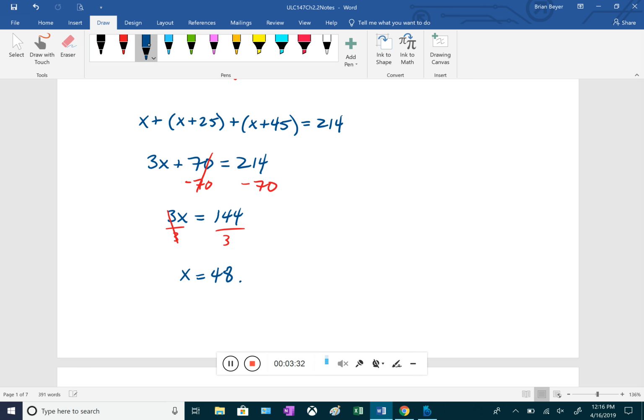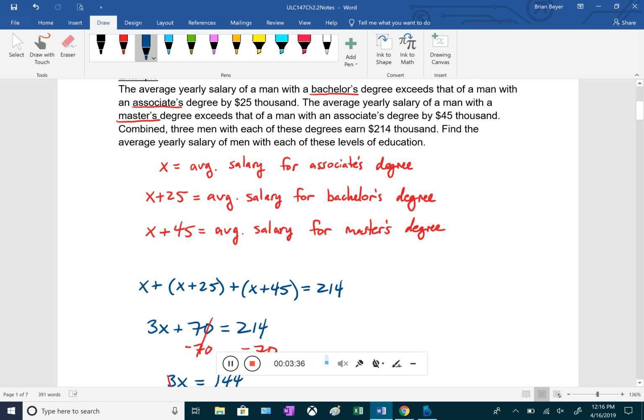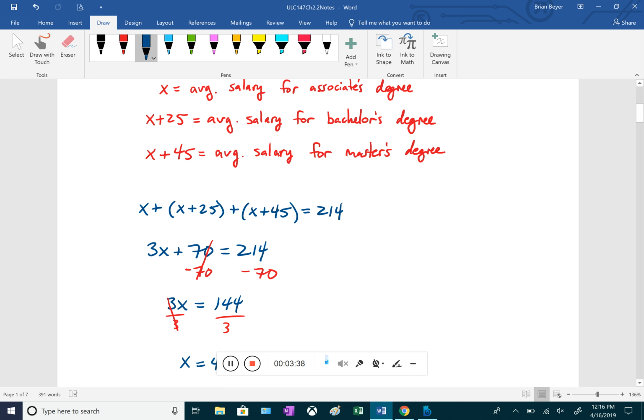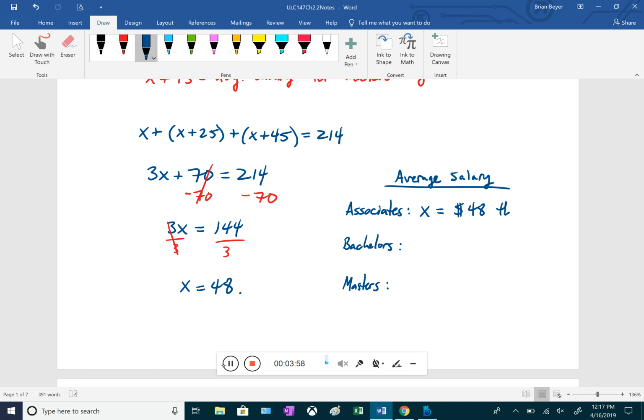So for these word problems, we have to make sure that we're answering the question. We want all three of these. We want associates, bachelor's, and master's. So actually answering the question here, I'll set up a little answer over here. For the associates, we know that that was our x value, which is what we solved for, and we got 48,000. So this answer is going to be 48,000.